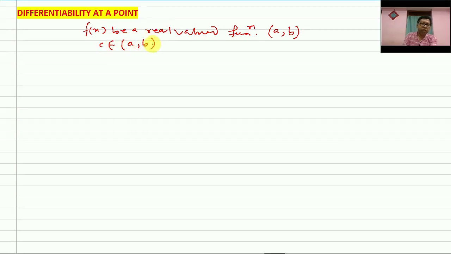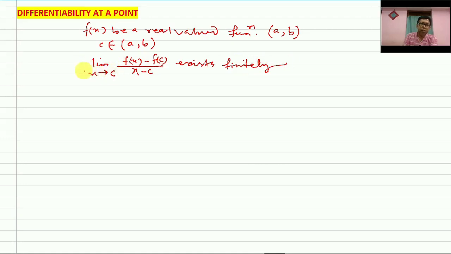Then f of x is said to be differentiable at the point x is equal to c if and only if limit x tends to c of f of x minus f of c divided by x minus c exists finitely. This is very important, exists finitely.